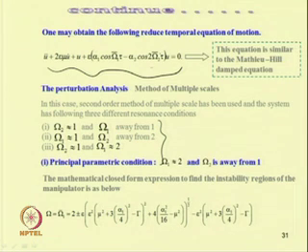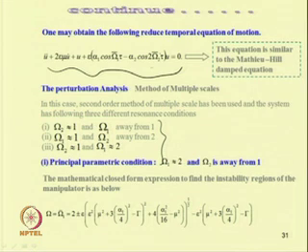When omega 1 is nearly equal to 2 and omega 2 is away from 1, we have the principal parametric resonance.